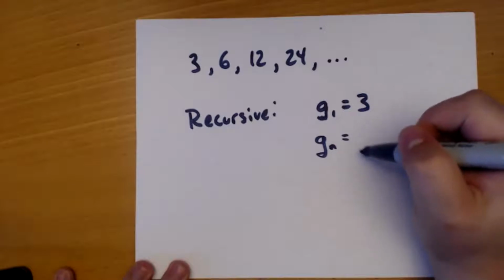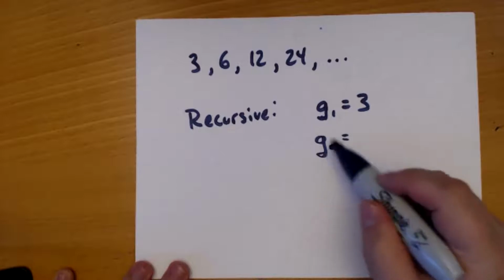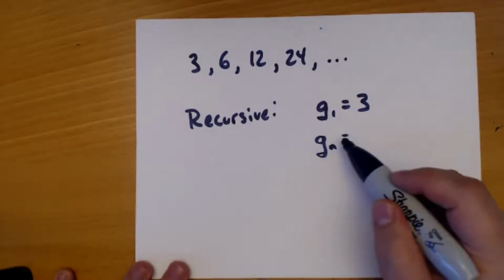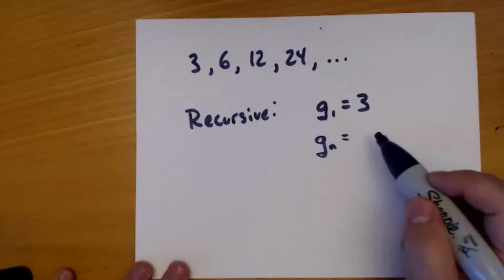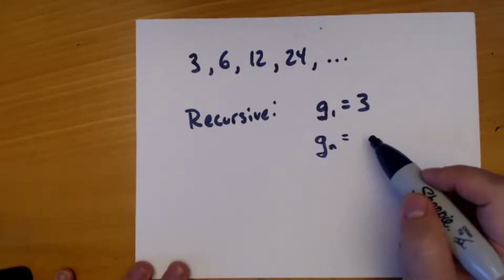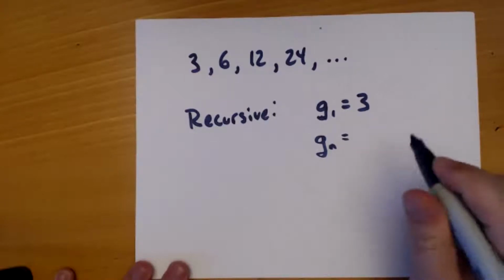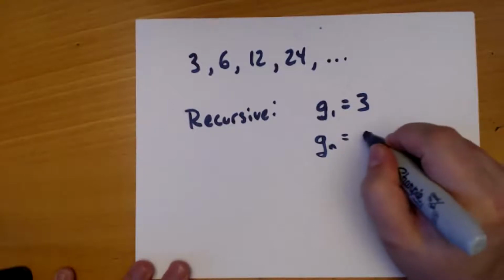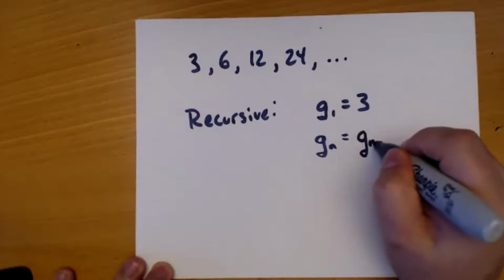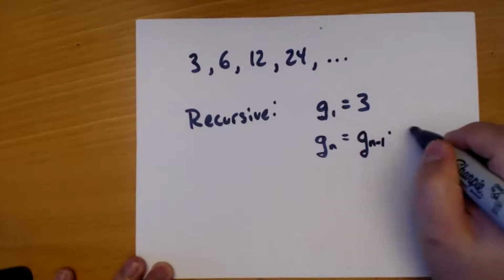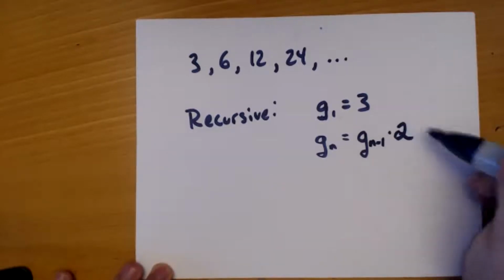So if I wanted to write that as a formula, what I'm saying is that whatever term I'm on, it's equal to the term before it times 2. How do I write that? G sub n minus 1 times R. Okay, now n minus 1 has got to be a subscript, right? Because it's the term before it. And this is for this sequence, so I'm going to use 2.